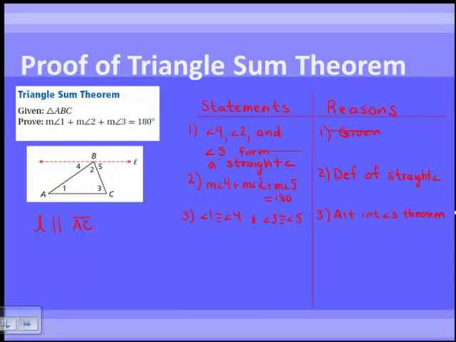Now hopefully you can see where I'm going to go with this. With some substitution, I will be able to get that 1 plus 2 plus 3 equals 180. But first, I need to say that means the measure of angle 1 equals the measure of angle 4, and the measure of angle 3 equals the measure of angle 5. That's the definition of congruent angles.